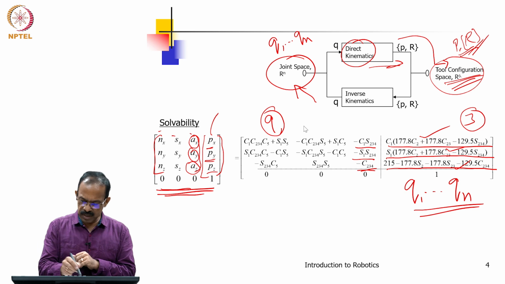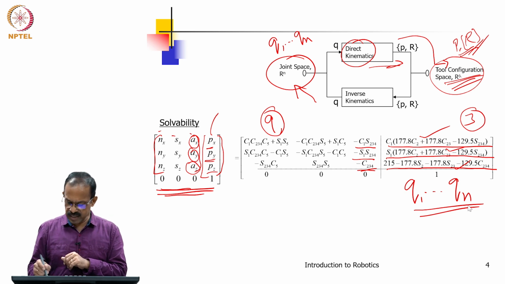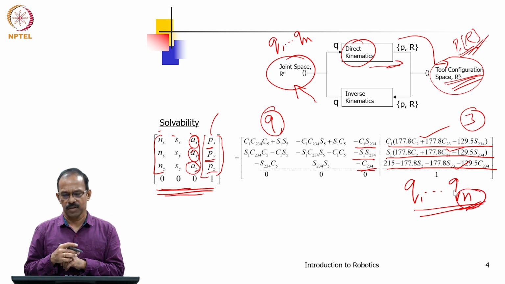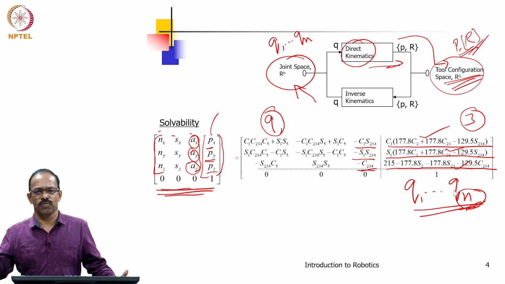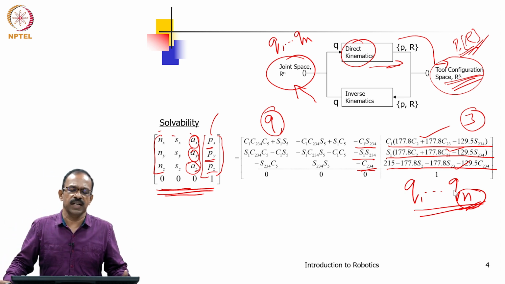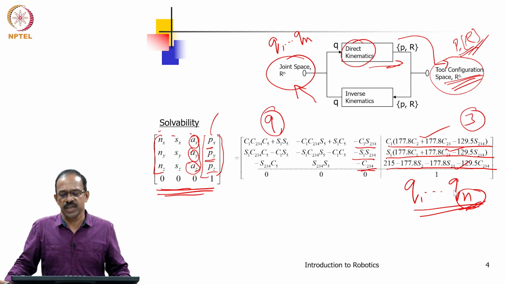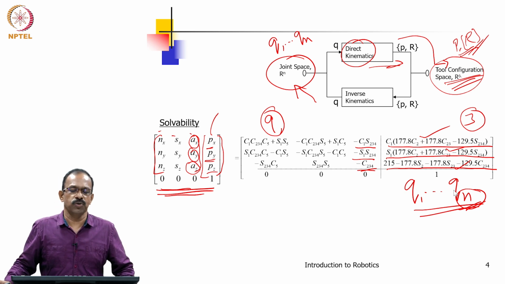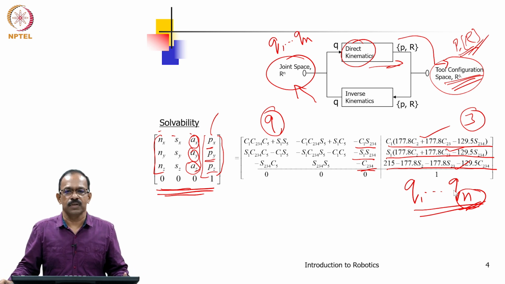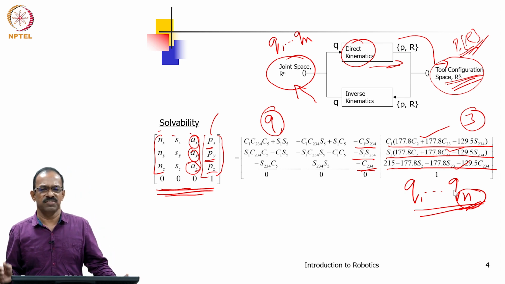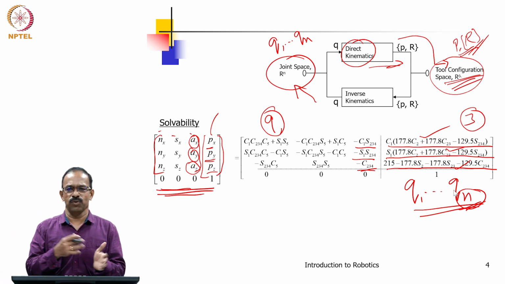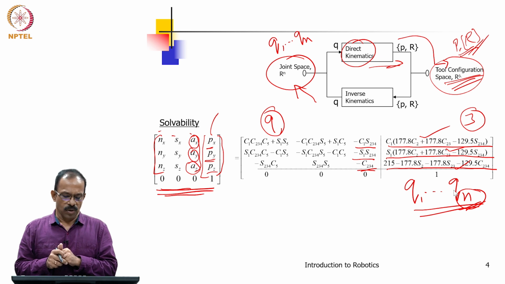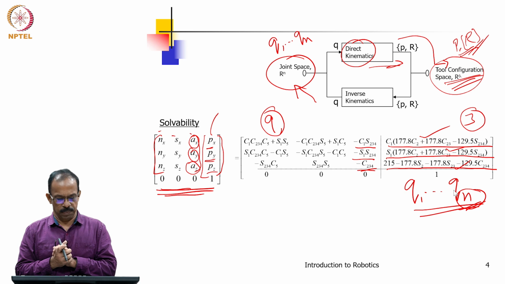So, we have 12 equations and n unknowns, where n may be 6 or 5 or whatever it is. Things seem to be simple, because you have 12 equations and only n unknowns. That seems to be an easy problem to solve.